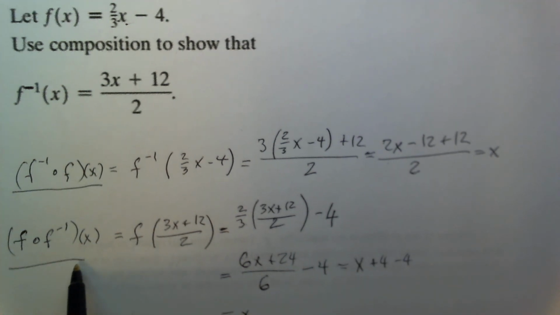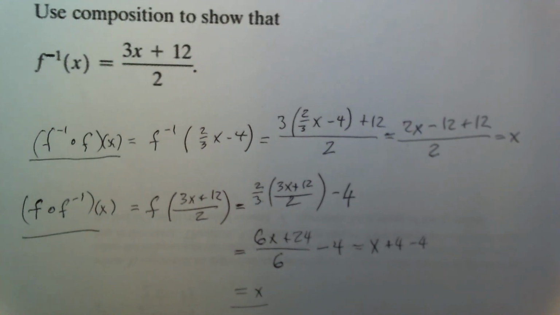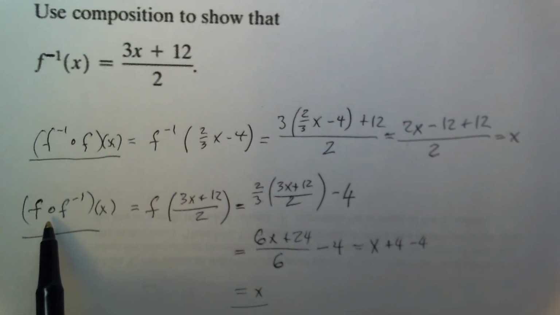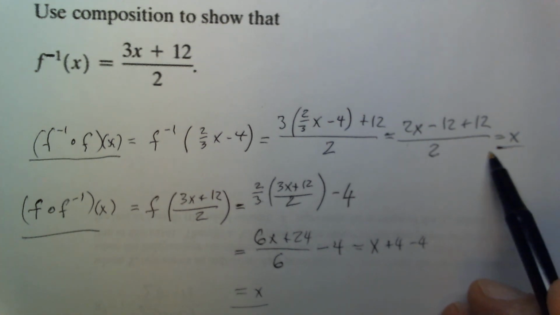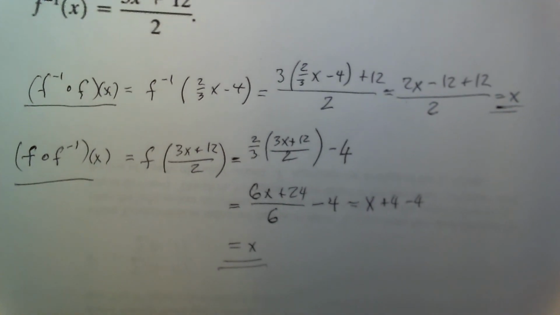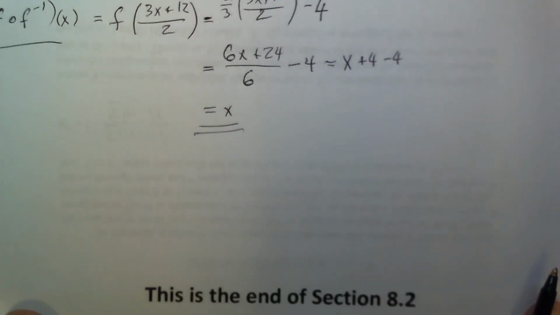So in both cases, we've shown that f inverse is equal to this expression, 3x plus 12 divided by 2, because we took the composition of f inverse and f of x, and the composition of f and f inverse of x. In both cases, the result was x. That proves it. And this is the end of section 8.2.